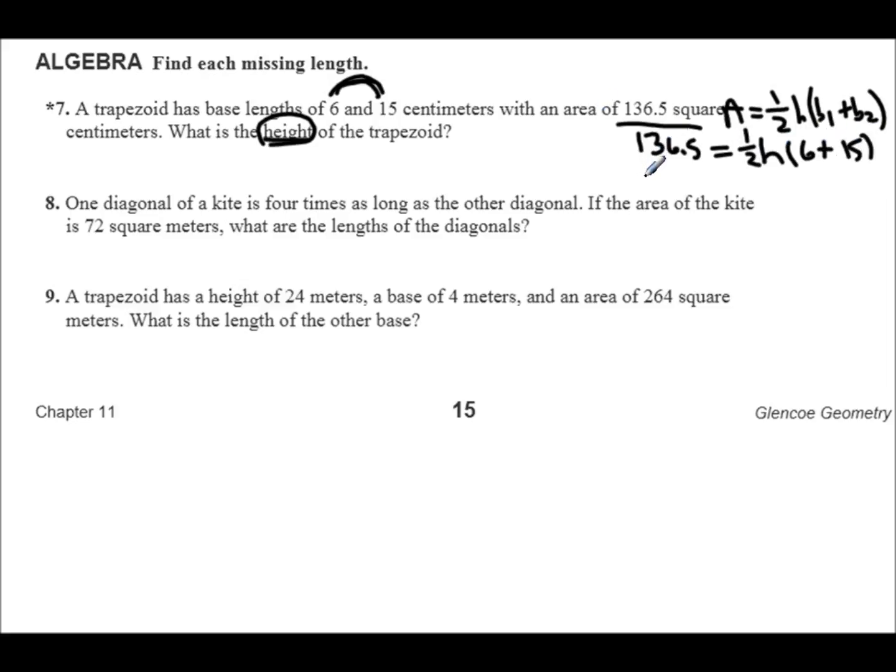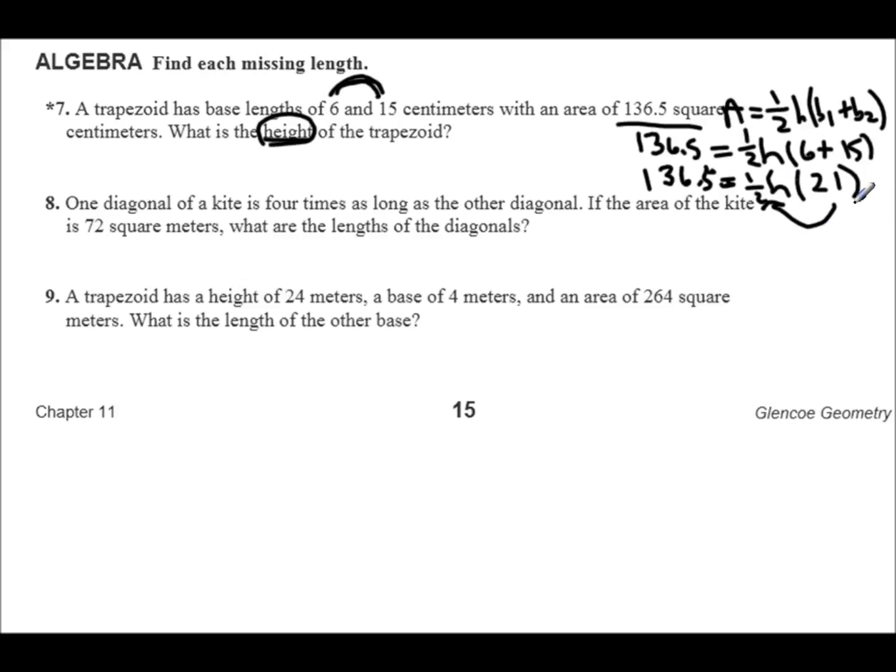So carry everything out. We have 136.5 equals 1/2 the height times 6 plus 15, and 6 plus 15 is 21. Now we're going to have to take 1/2 of 21, because remember we can multiply these together because multiplication is associative.